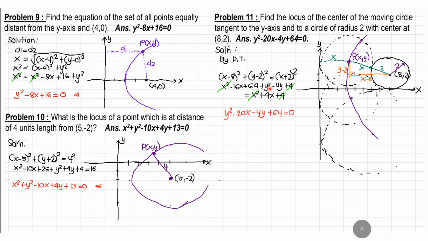Simplifying, y squared minus 16x minus 4x, so negative 20x, then minus 4y, plus 64 equals 0. That's a parabola, open to the right.